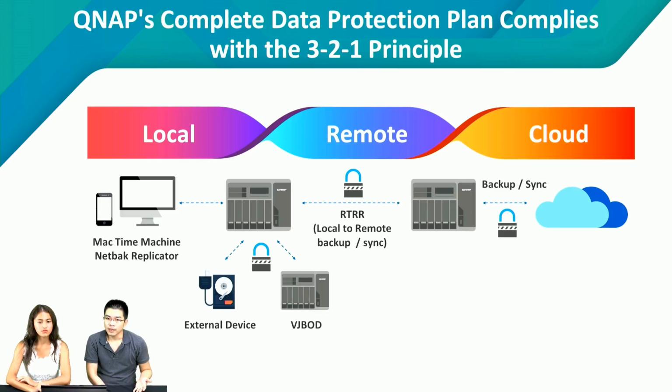But we can do more than that, because through our local to remote backup or sync, called RTRR, a real-time remote backup to another NAS, we will have 3 copies in more than 2 storage spaces.